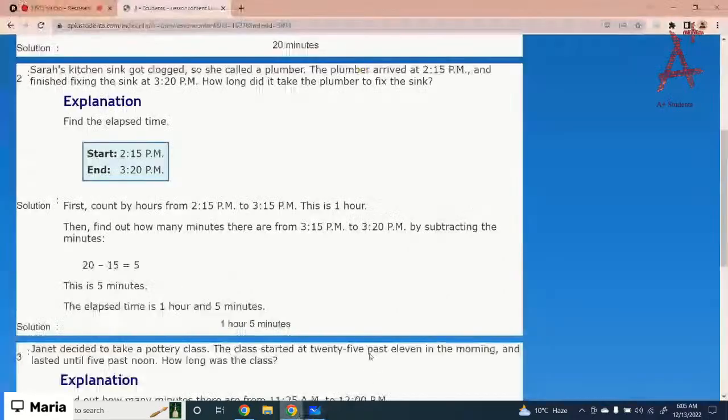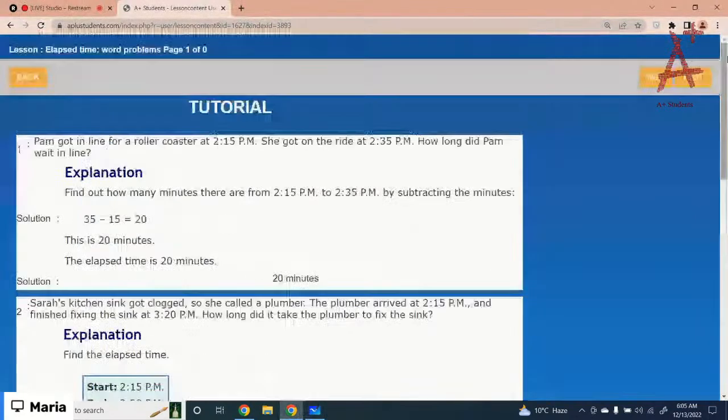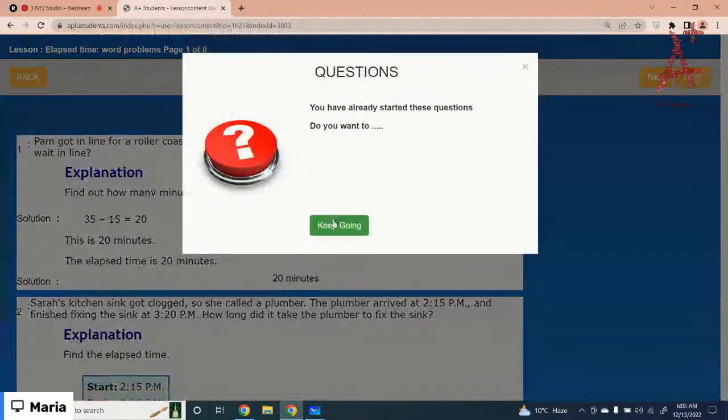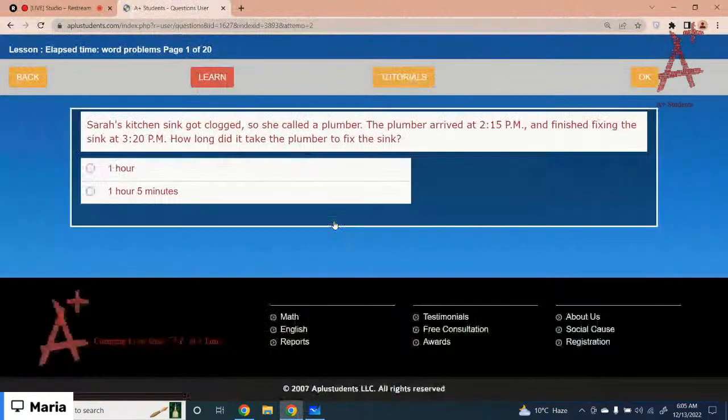Okay, then let's just start with the test questions. Sarah's kitchen sink got clogged, so she called a plumber. The plumber arrived at 2:15 p.m. and finished fixing the sink at 3:20 p.m. How long did it take the plumber to fix the sink? So exactly the same as I did on the board.